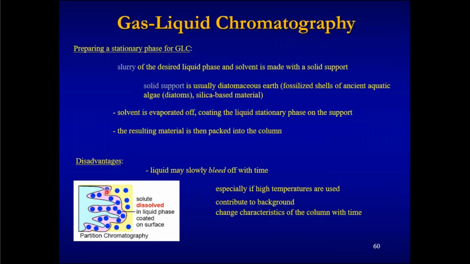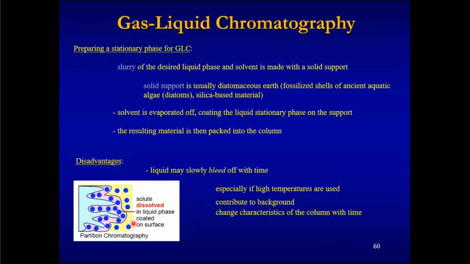In this case, you can see this pink portion is the liquid stationary phase, which is held on the surface of this solid support. This is just a physical bonding. Now, because we are using gas, this yellow portion could be considered the mobile phase. It's the gas in case of gas liquid chromatography.